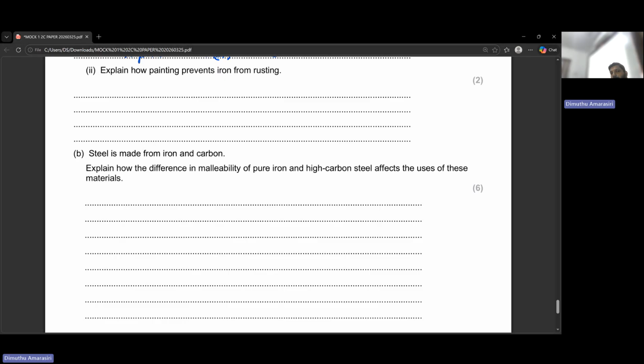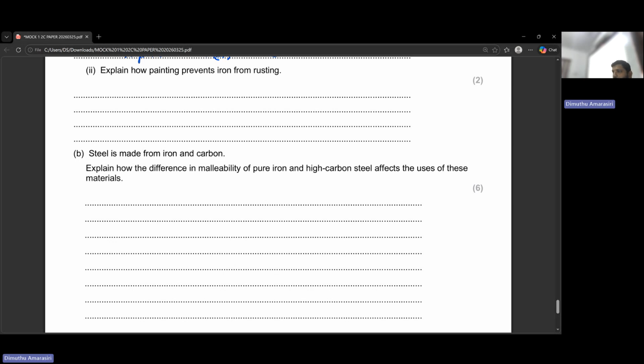Pure iron is too malleable. Too malleable doesn't mean malleable like sodium, right? But you can't use it in machinery. You can use it for things like car bodies, where you have to make different shapes.